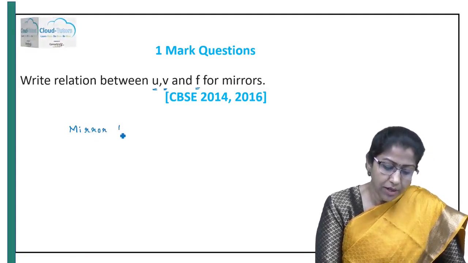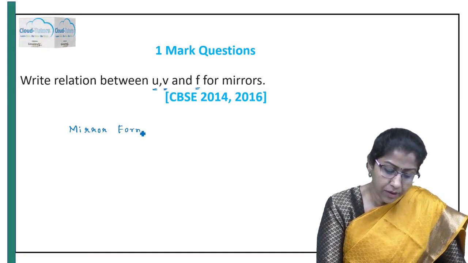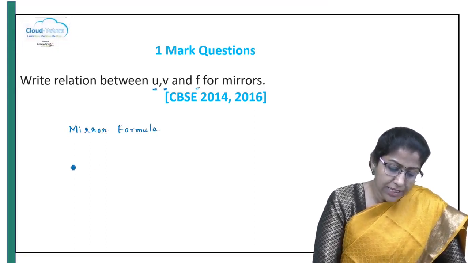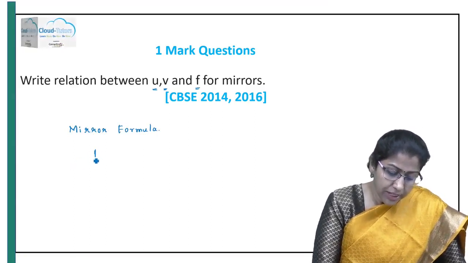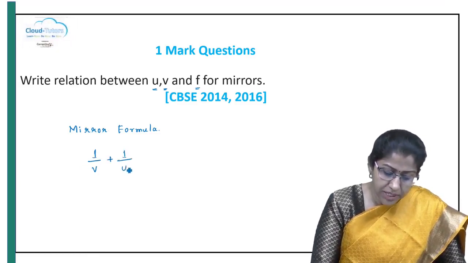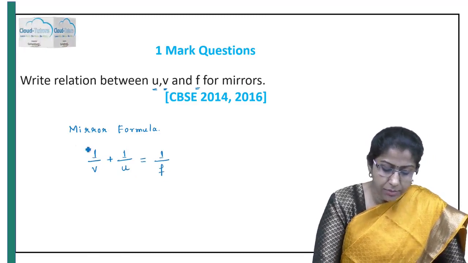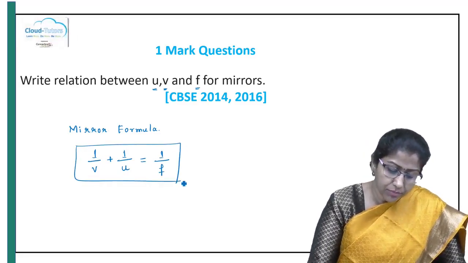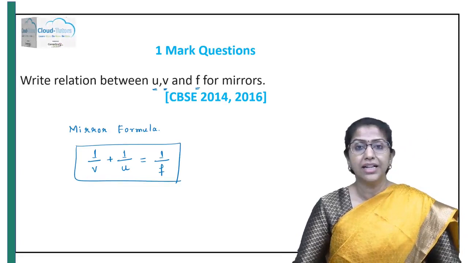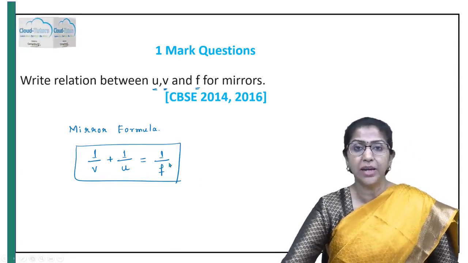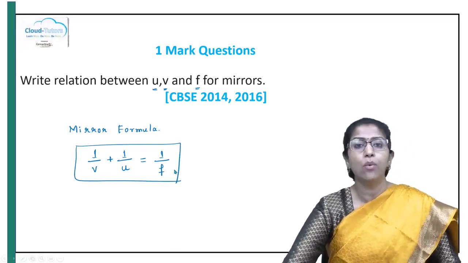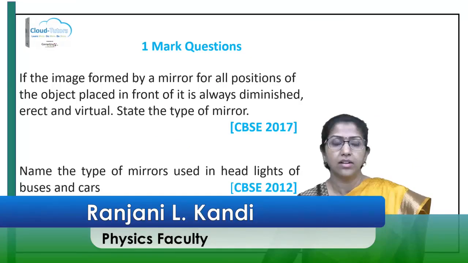The mirror formula is the relationship between the image distance V plus the object distance U, that is equal to the reciprocal of the focal length F of the given spherical mirror. So you have 1 mark in your pocket again.